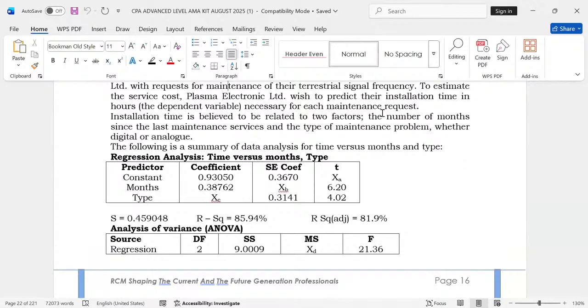So the model itself, our y was a plus b1x1 plus b2x2.